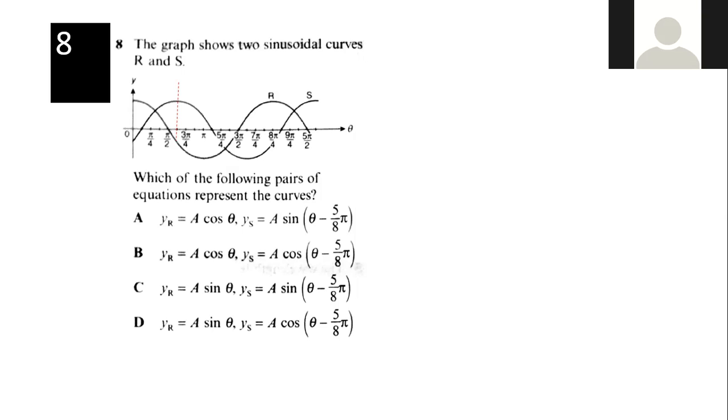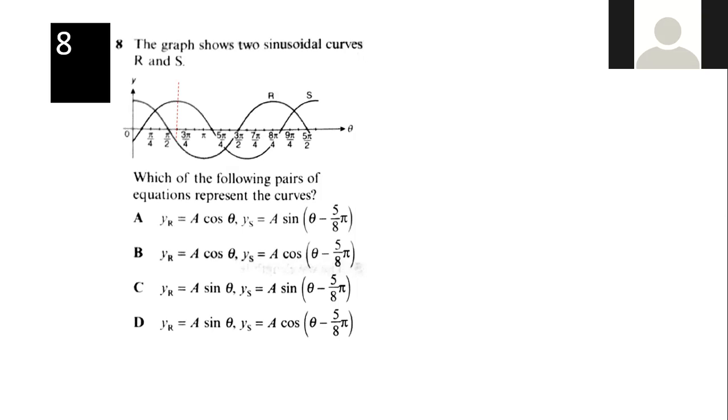What's the answer? What's the equation for R? You can refer to your note if you haven't done your homework. The thing is to know the equation for R first. Then you can get for S.